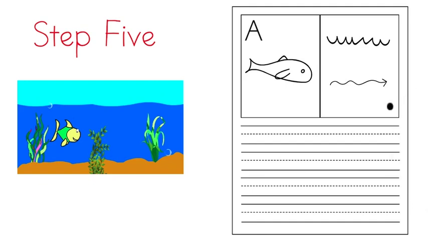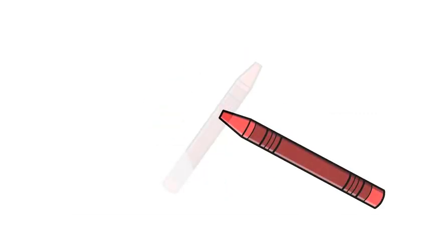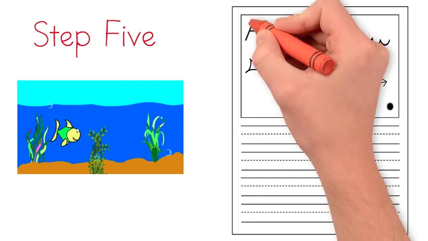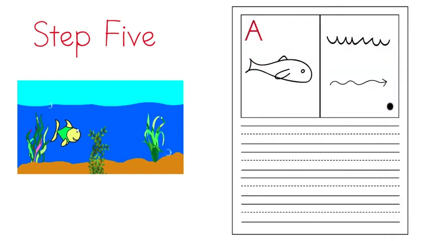Great job! Editing time for our planner. Get out a red crayon. Our red crayon is how we will check that we have a capital and stop before we write our sentence. Trace the capital A, the first word of our sentence.